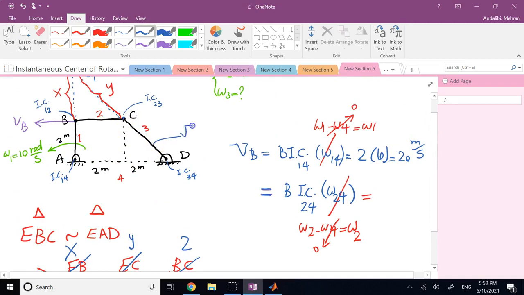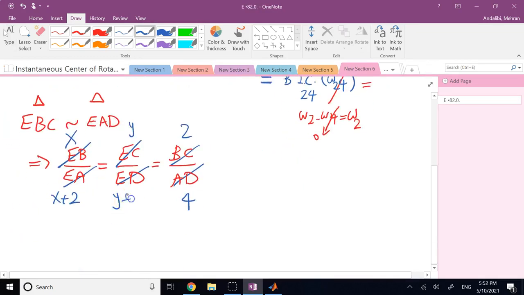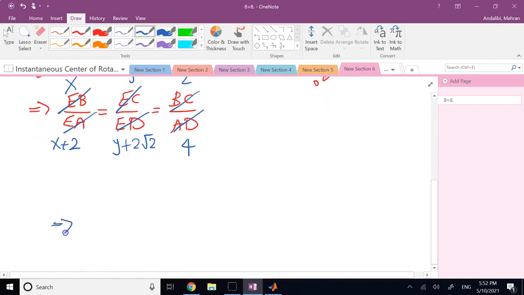So the length of this member is the square root of 2 times 2, correct? 2 square root 2 or square root of 8. Because it's 2 squared plus 2 squared, the square root of that. 2 square root 2. So from here, clearly, if you solve, your x is going to be 2 and your y is going to be 2 square root 2 meters.